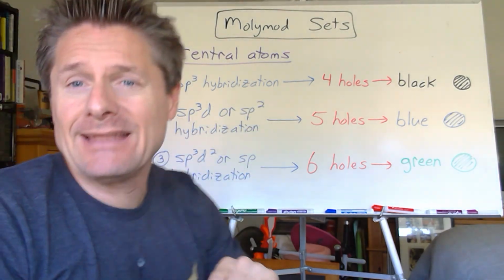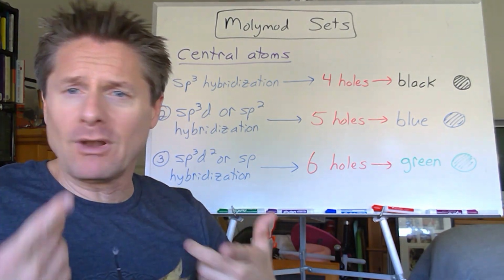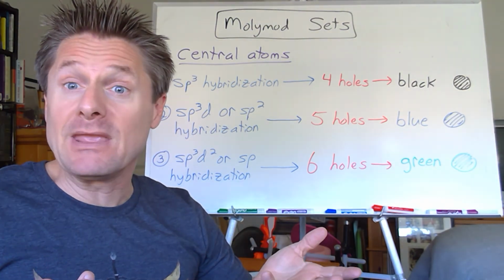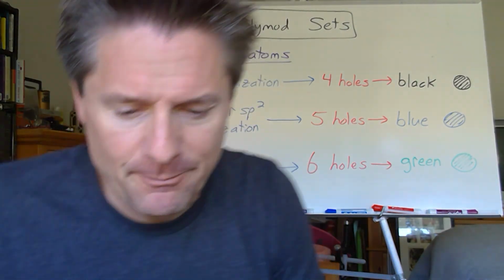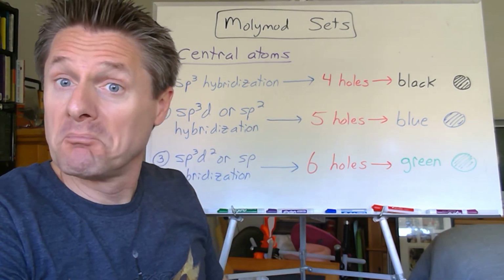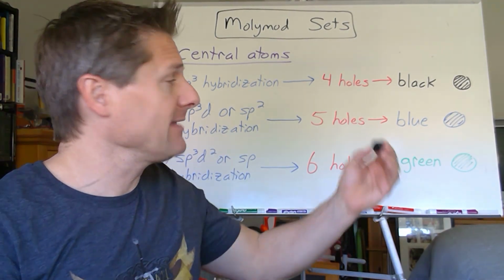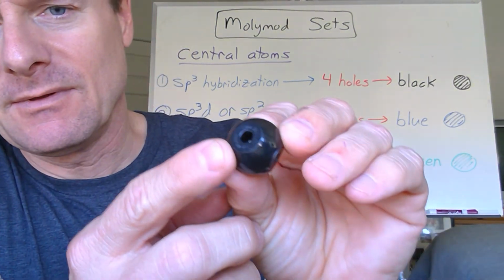So if you look at your Lewis structure, right? And look, if you've got 4 electron groups, it's sp3 hybridization. So in that scenario, we're going to need 4 holes, one for each hybrid orbital, and that's going to be black. So if you look at the black ones, you have the holes.